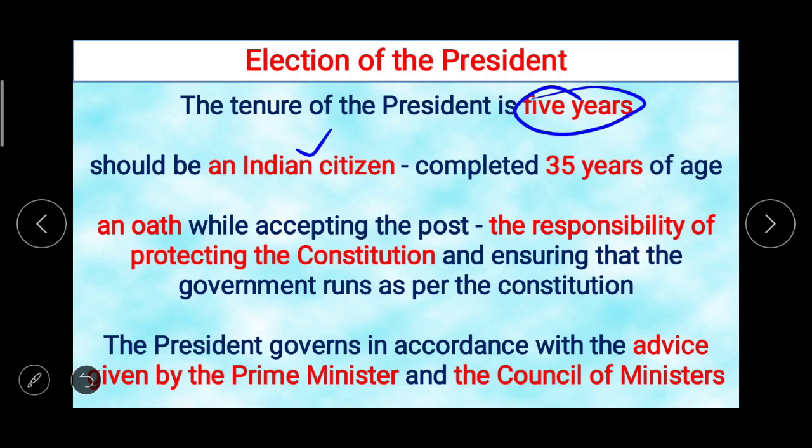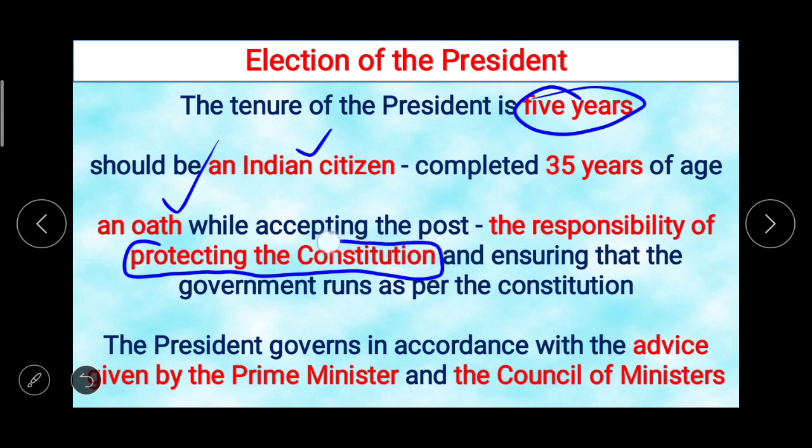The person elected to the position of the president has to take an oath. Oath of what? While accepting the post, according to the oath, the president bears the responsibility of protecting the constitution.